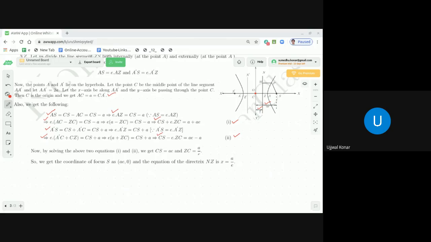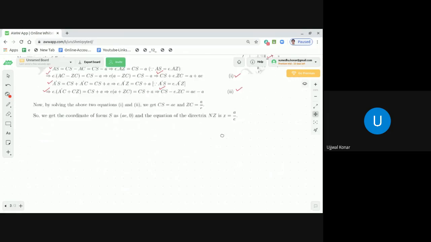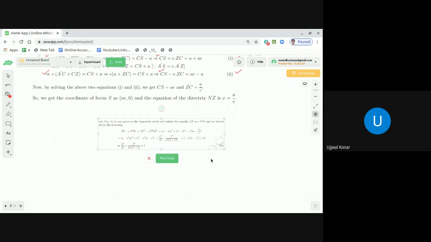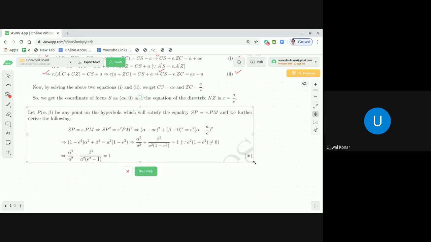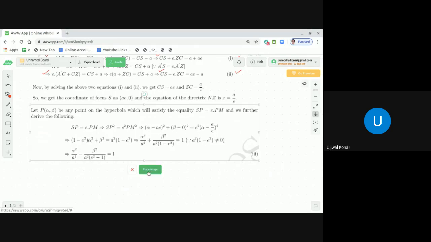We know the coordinate of the point P, that is alpha comma beta, a variable point, and we know the coordinate of the focus is S (ae, 0). And the equation of that directrix NZ is nothing but x equal to a by e. Now, if you notice one thing, dear students, here we found the coordinate of the focus as (ae, 0). But while we discussed the general form, there we took the coordinate of the focus as (h, k), a very arbitrary point without any restriction.